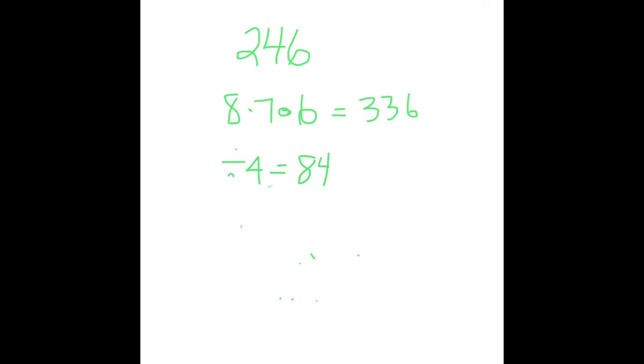And then if I multiply that by, I have to write the numbers down that I'm missing. 1, 2, 3, 4, 5, 6, 7, 8, 9. Let's see, so I've used the 6, 7, 8, and the 4. What if I multiply by 9? What is 84 times 9? Wow, that equals 756. That's going to be tough.